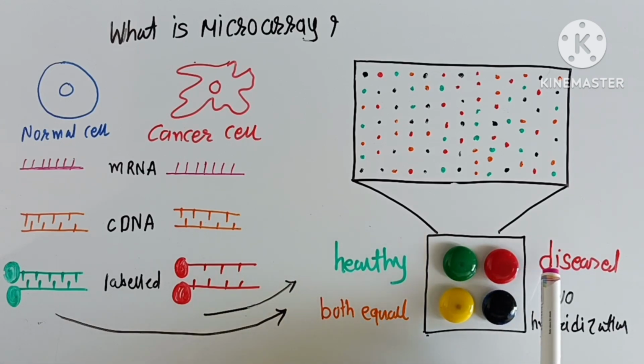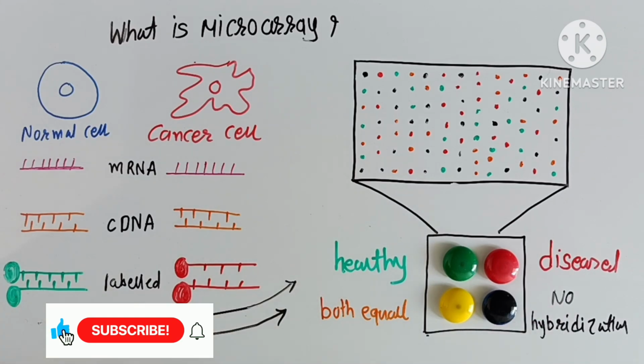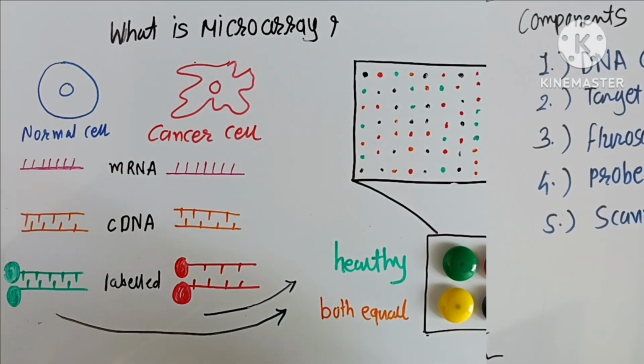Red indicates that more disease samples are hybridized. Yellow indicates both are equal, healthy and disease. Black indicates no hybridization took place; areas where neither sample hybridized are not target DNA. So this is the simplest understanding behind this microarray technology.